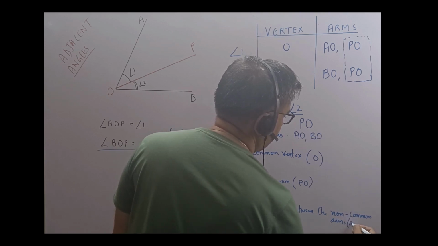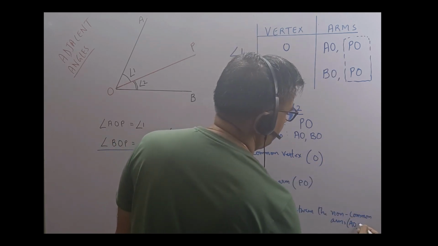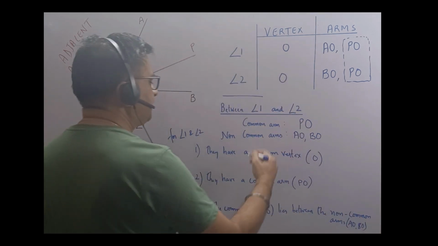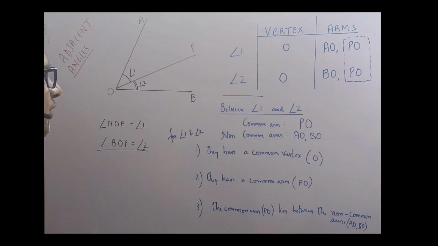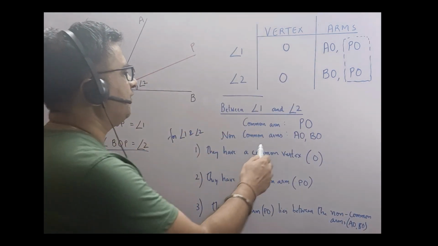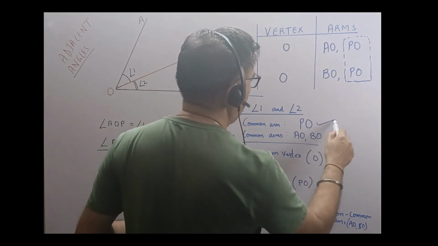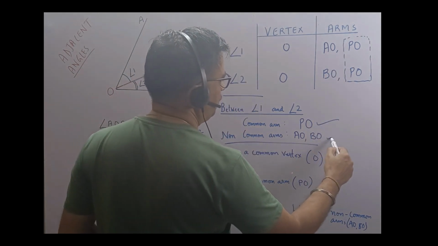In this case, it's AO and BO. So these are the three conclusions that we can draw. Again, we have a common arm, which is PO. We have non-common arms AO and BO.